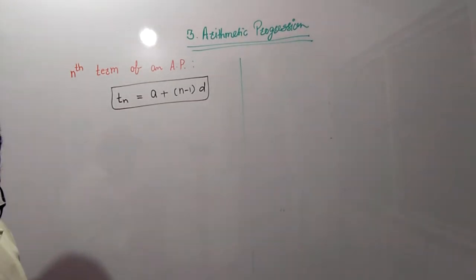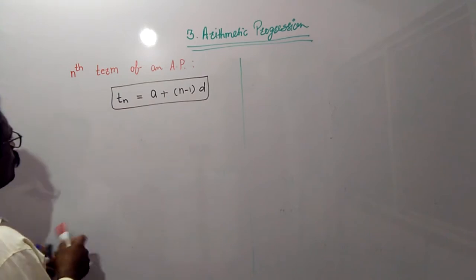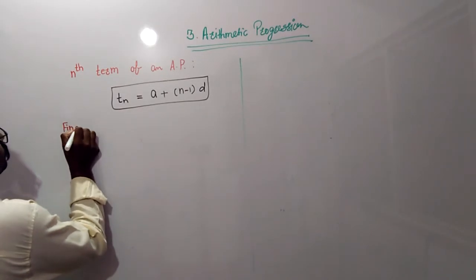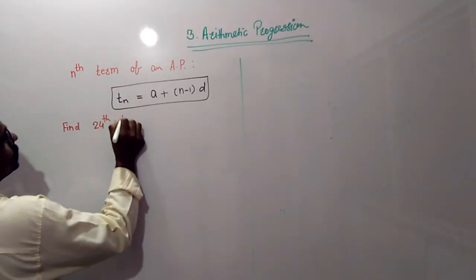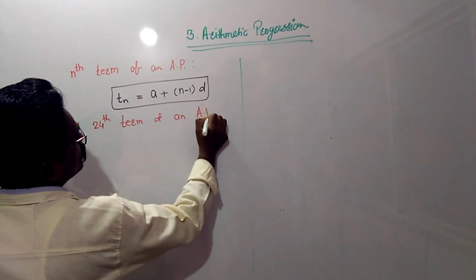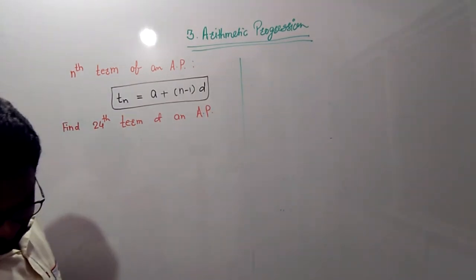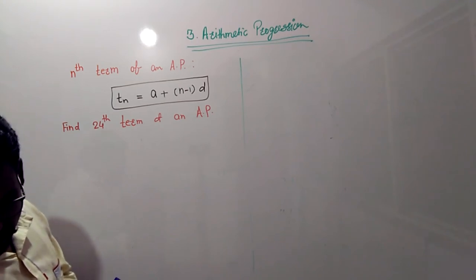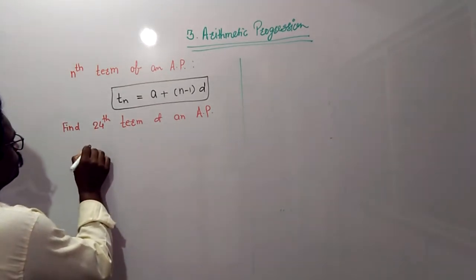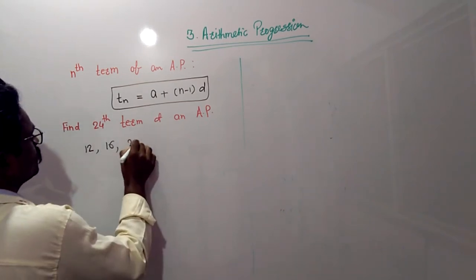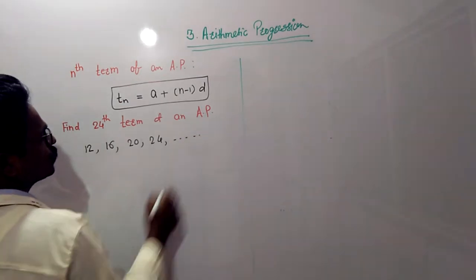Now the question is like this: find the 24th term of the AP. The AP, arithmetic progression, is given as 12, then 16, then 20, then 24, and so on.